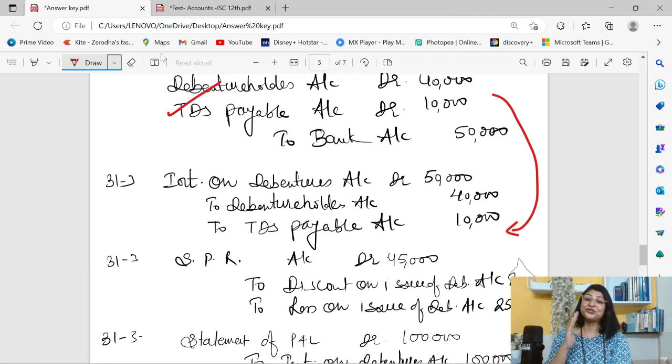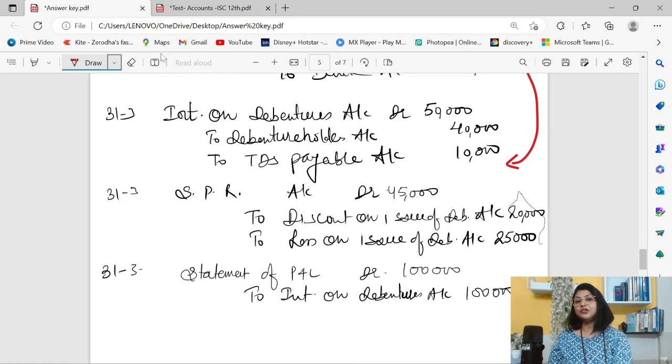Now we have reached the end of year, and this year we have to pass the entry for writing off the capital loss. There are two capital losses. Number one, loss on issue of debenture, and number two, discount on issue of debenture. And the question had very specifically written that there is balance of security premium reserve.